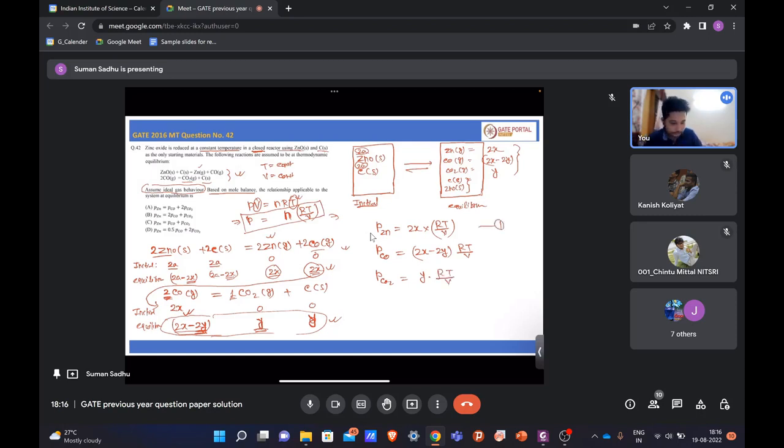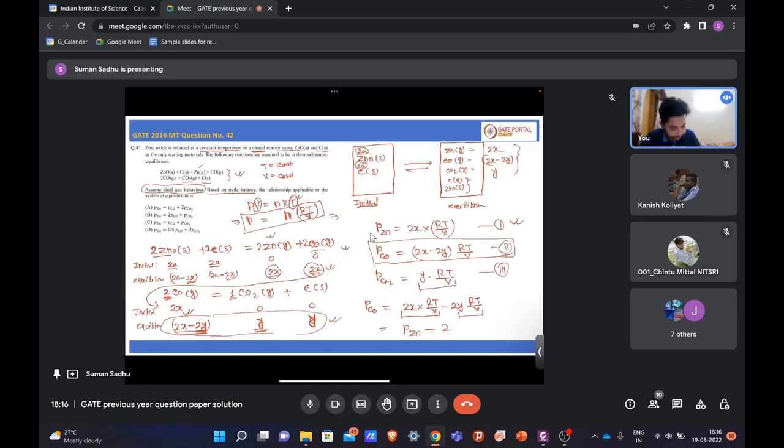Now this is equation 1, this is 2, and this is equation 3. If I take equation 2, we can write PCO is equal to 2x into RT by V minus 2y into RT by V, right? So 2x into RT by V is nothing but PZn, minus 2 into y into RT by V. What is y into RT by V?